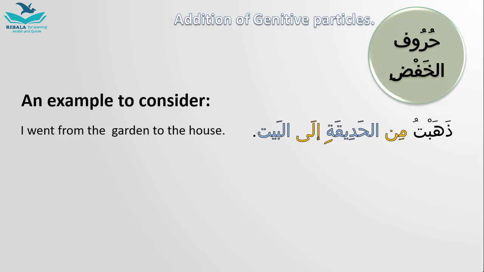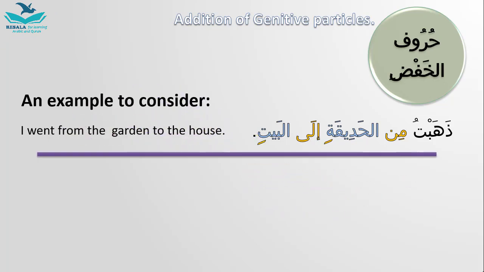So حديقة and بيت are both nouns, أسماء, and one reason is that this particle came before them. This particle also forced these nouns into the case of خفض or jar, and here the sign of خفض is the vowel kasra at the last letter, like we have now: الحديقة، البيت.